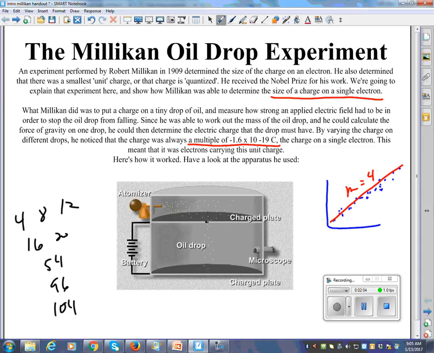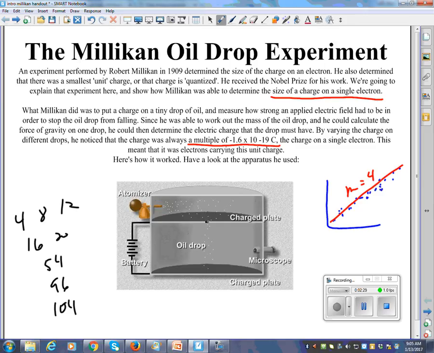Now, in that case, if it was exact numbers like 4, 8, 12, it would be perfectly 4, wouldn't it? But Millikan didn't have numbers like that. He had weird ones like minus 1.6 times 10 to the minus 19, and minus 3.2 times 10 to the minus 19, and minus 3.6 times 10 to the minus 19, and minus 4.8, and so on. And would it have been perfectly minus 4.8?